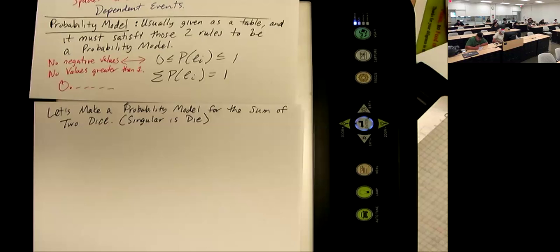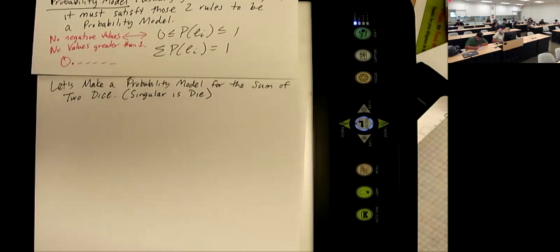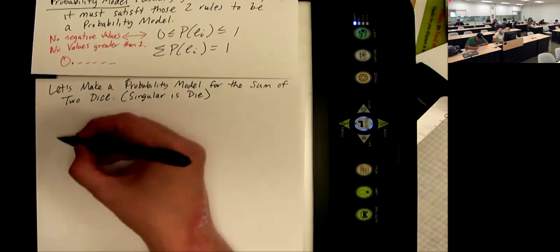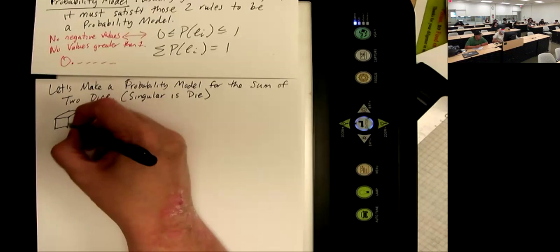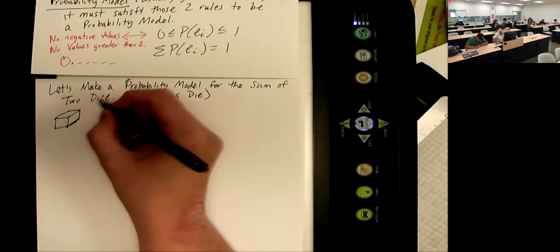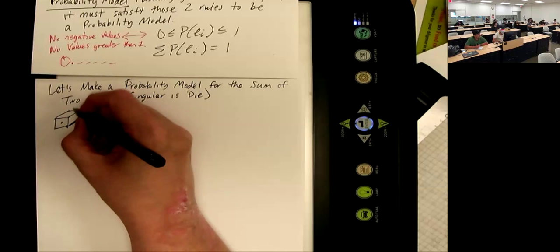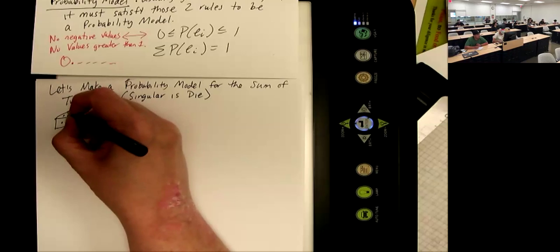One die, or plural is dice. So I'm gonna use a regular good old 6-sided standard die. That kind of thing.